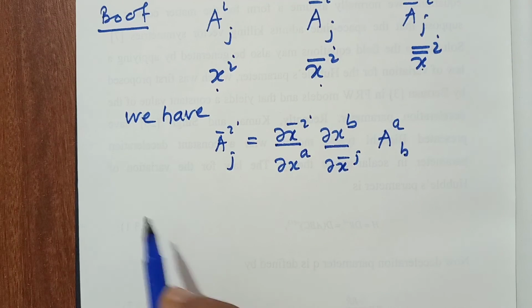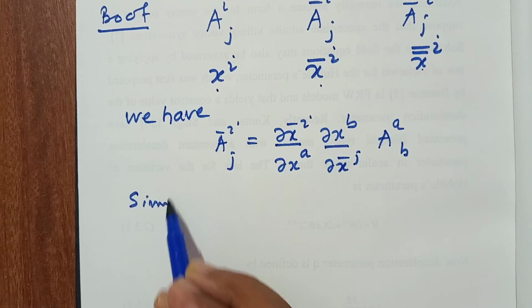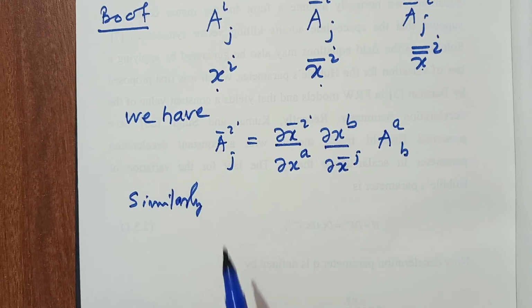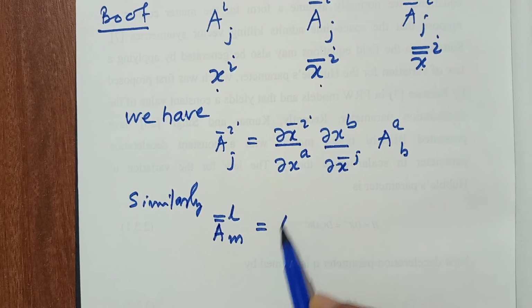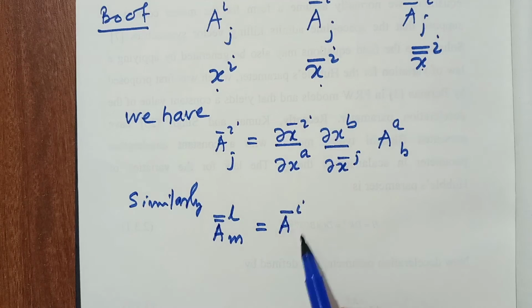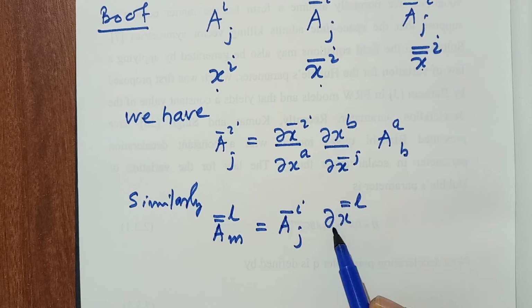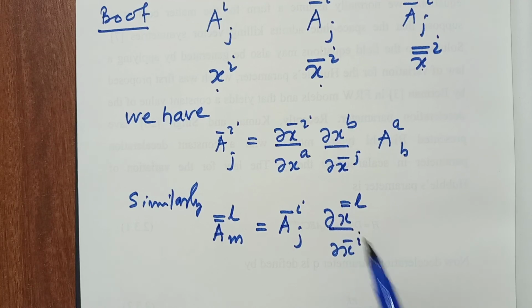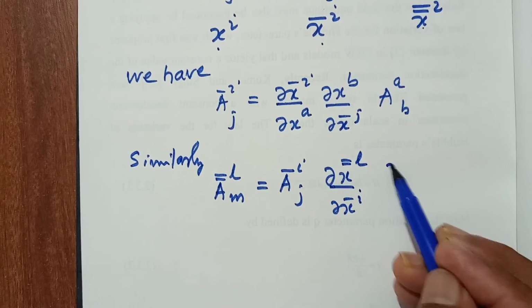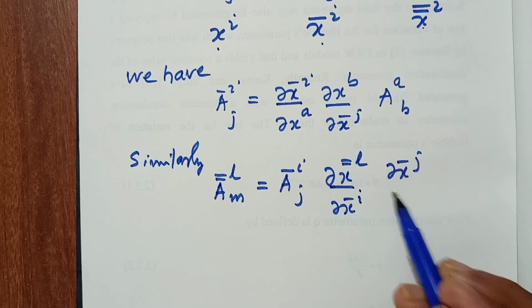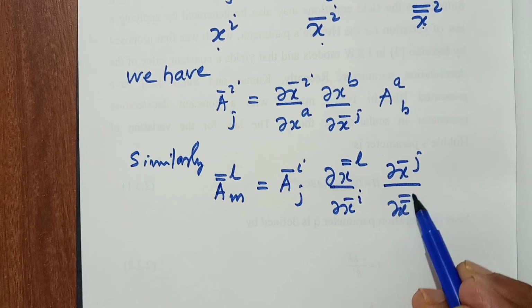Similarly, from double bar to single bar, A double bar l m equals A bar i j, del x double bar l upon del x bar i, del x bar j upon del x double bar m.